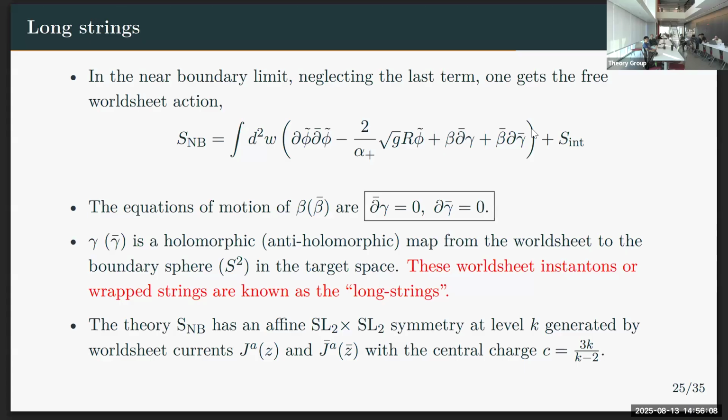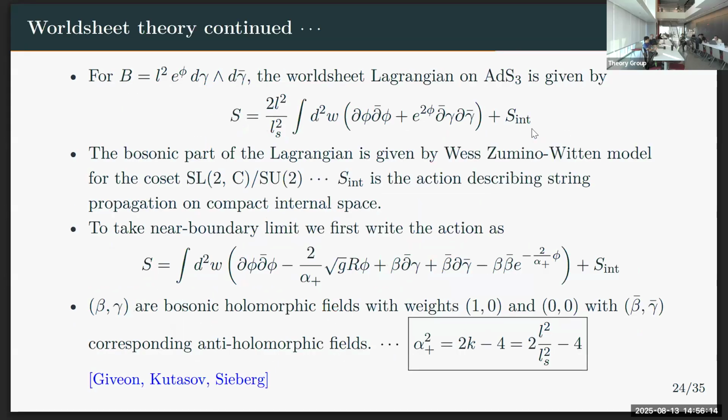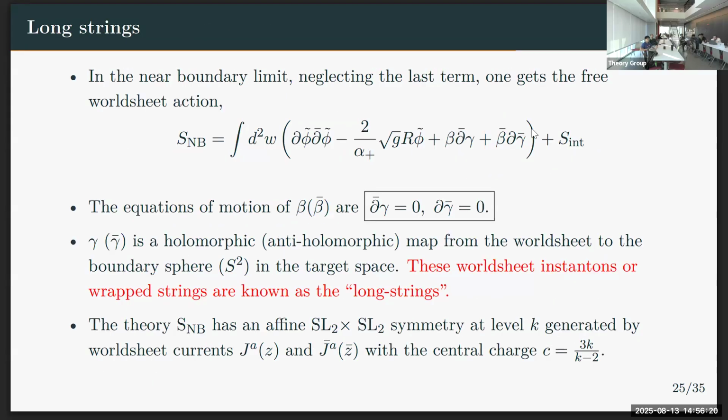Because this action can be written in terms of the Wess-Zumino-Witten model, one can show that it has an affine SL(2,R) times SL(2,R) symmetry at level K, which is generated by these Worldsheet currents J and J bar.